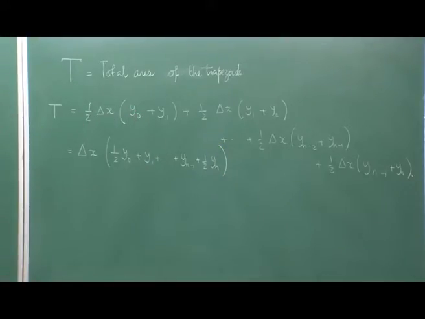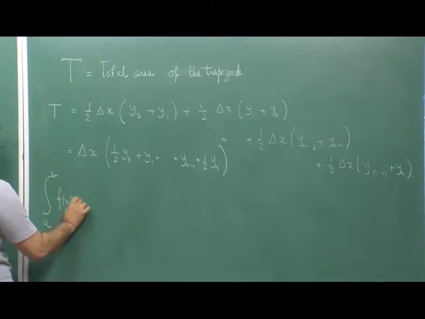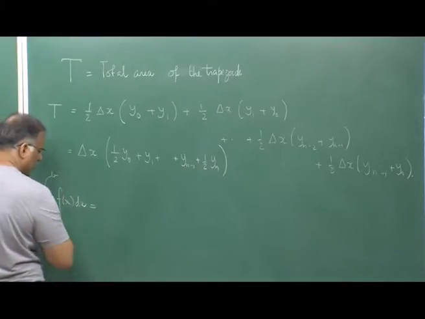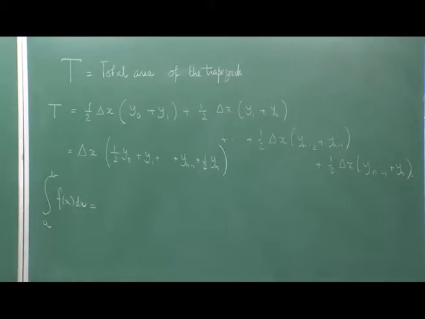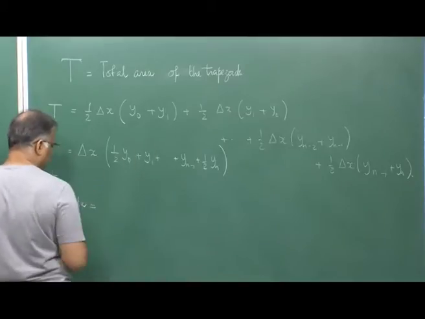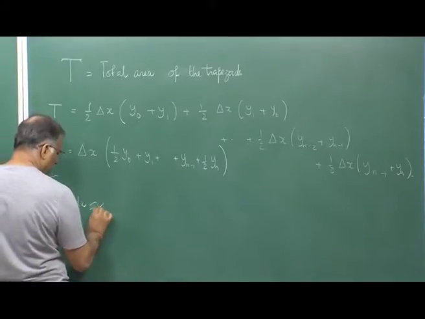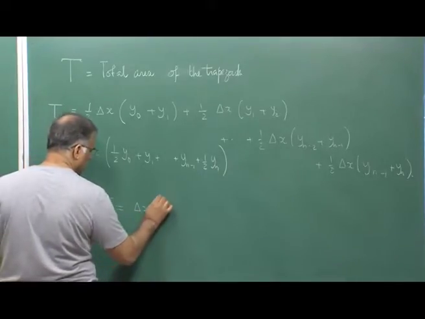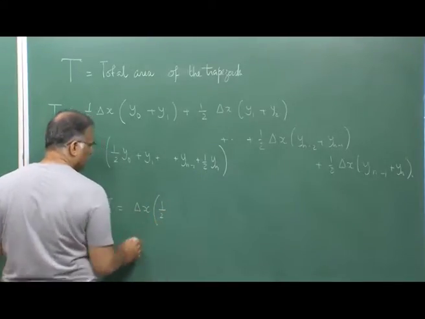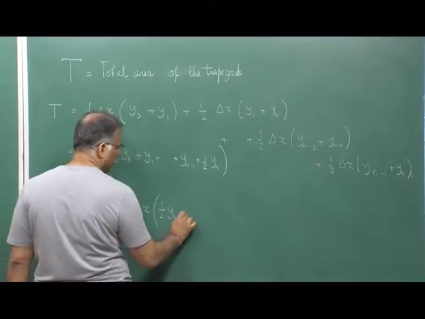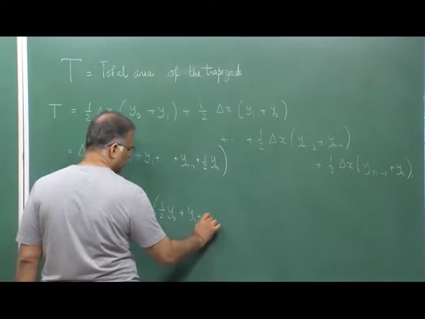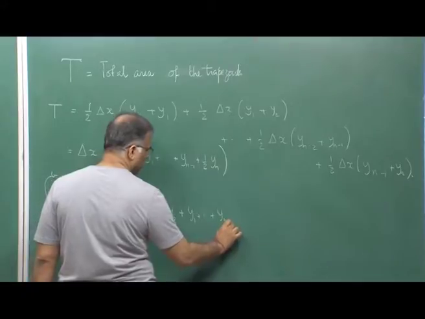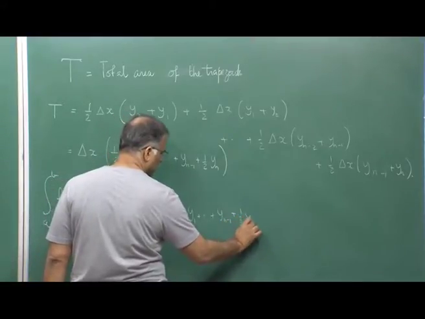So, this is the trapezoidal rule: the integral from a to b of f(x) dx, it is very easy to implement, is approximately given by T, which is nothing but delta x into half of y0 plus y1 plus up to yn minus 1 plus half of yn.